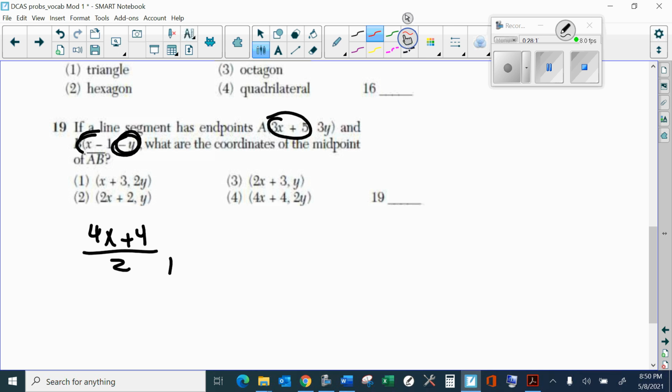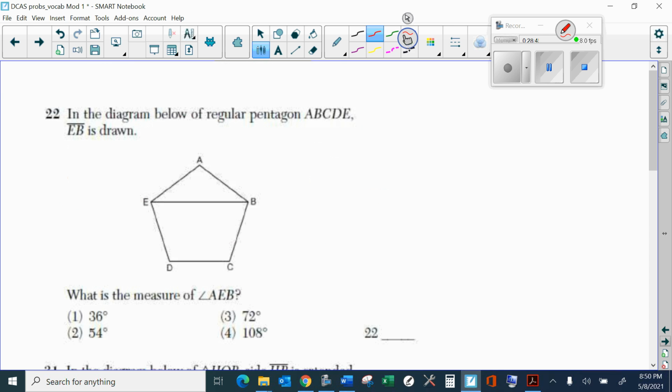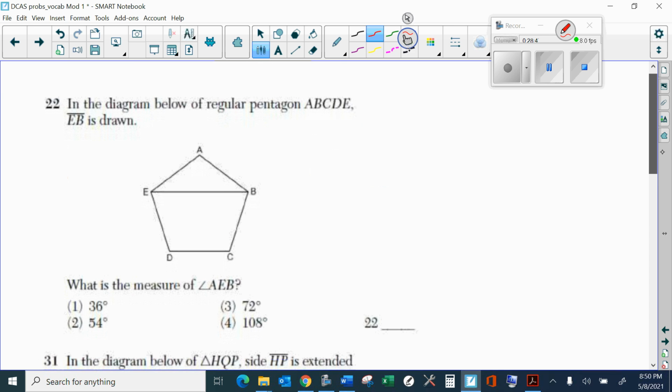Add the y's. 3y minus y divided by 2. So I get 2x plus 2 here, comma, that equals 2y over 2, which is then y. 2x plus 2, comma, y is my answer right there. Okay, midpoint formula, just with algebraic expressions.